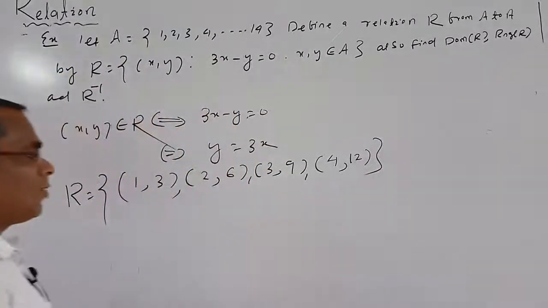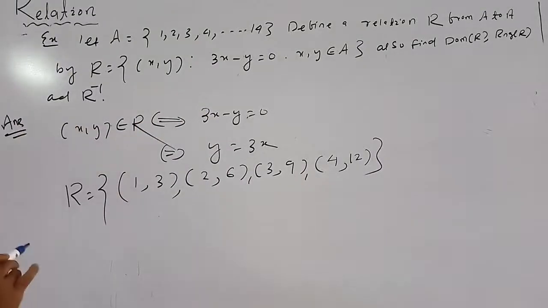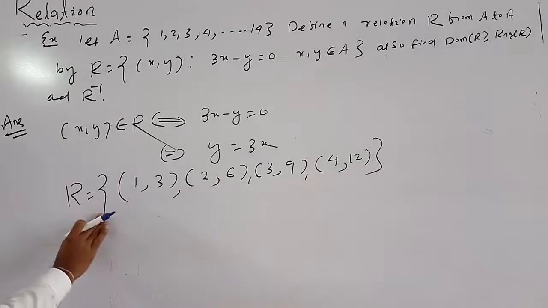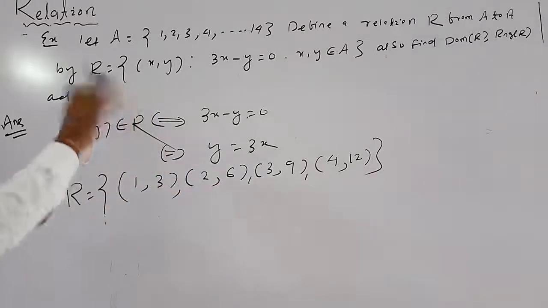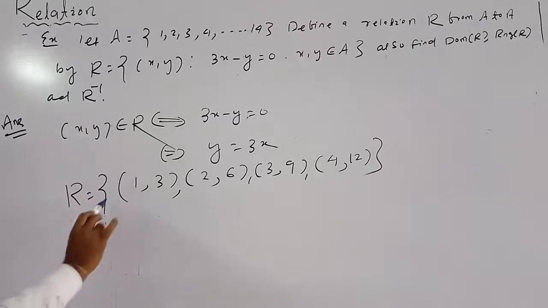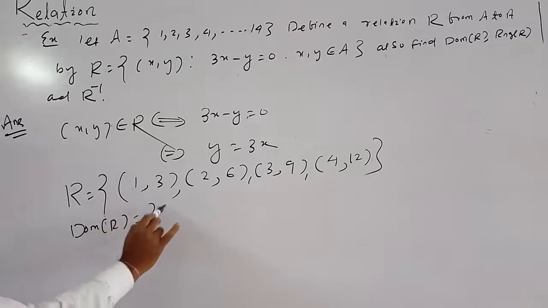So the number of ordered pairs in R is 4: 1, 2, 3, 4. So R is equal to this one.